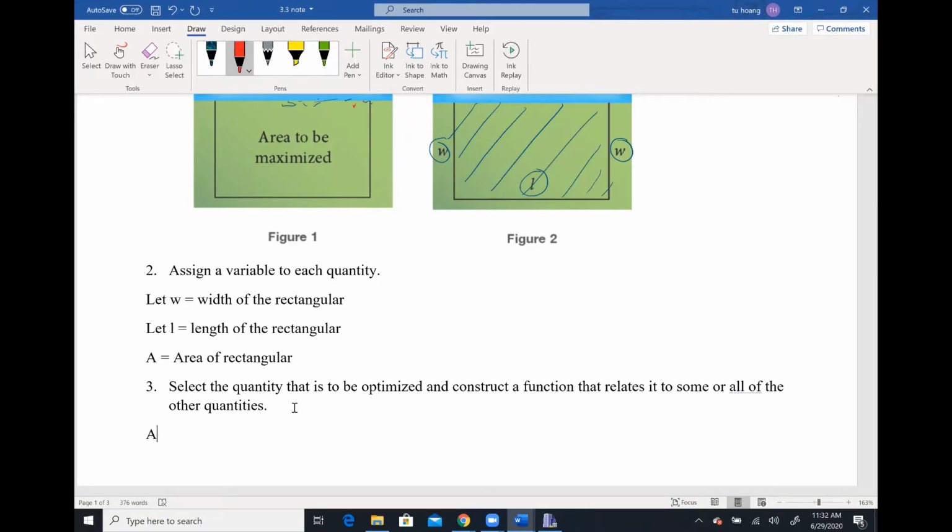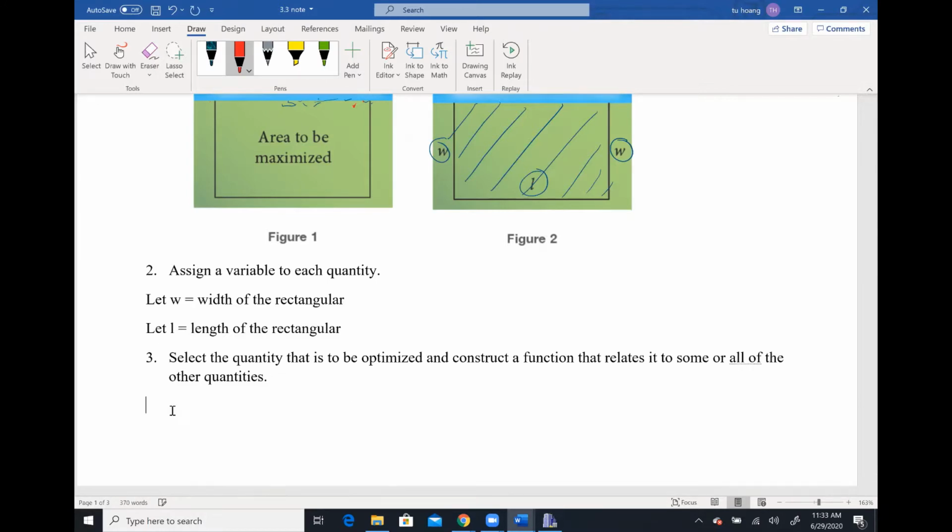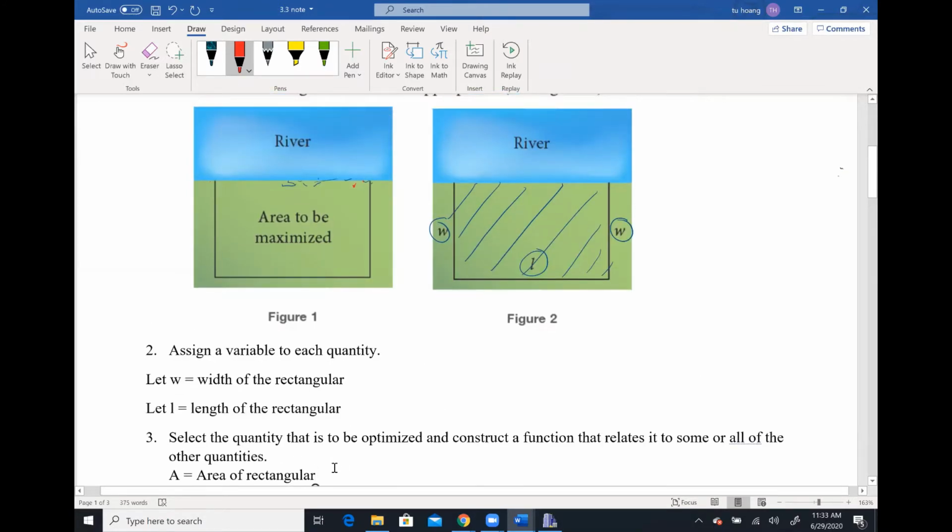So A is the area of the rectangle, and I'm going to construct the function that relates it to some or all of the other quantities. So you need to know that the area of this rectangle has to be equal to the width times the length, right?